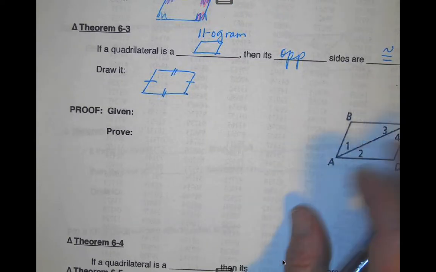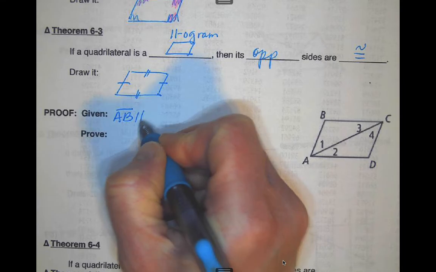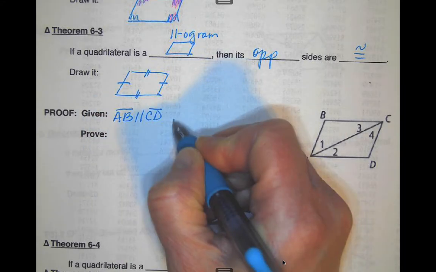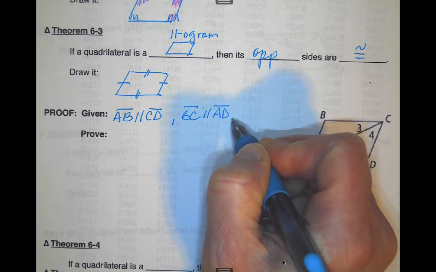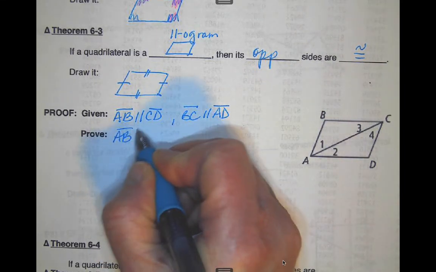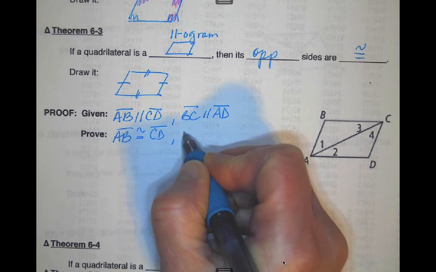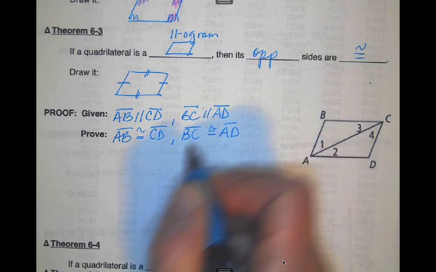We got a picture over here. My given is AB is parallel to CD, BC is parallel to AD. And I want to prove that AB is congruent to CD and BC is congruent to AD.